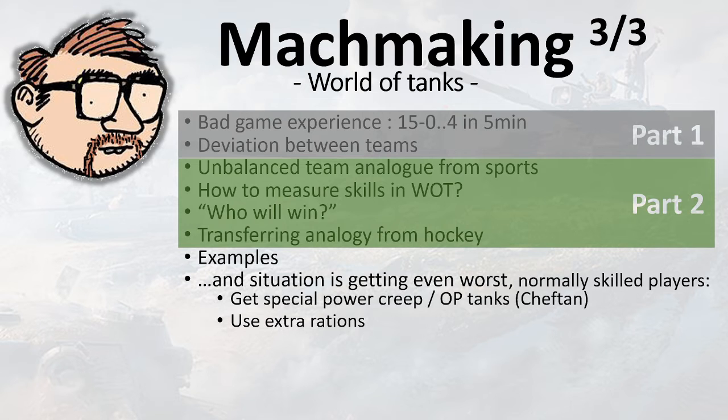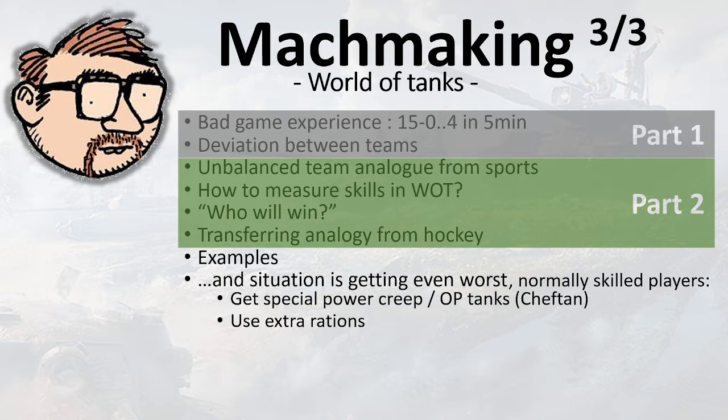Normally, skilled players are using extra rations. These are the extra foods which give, as far as I remember, about 10% better performance for the tanks. Nevertheless, some unicorns are telling on their Twitch channels and so on that this isn't so expensive to use. But the truth is that this costs 20,000 credits per match.